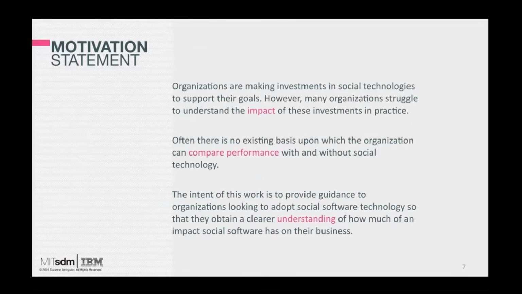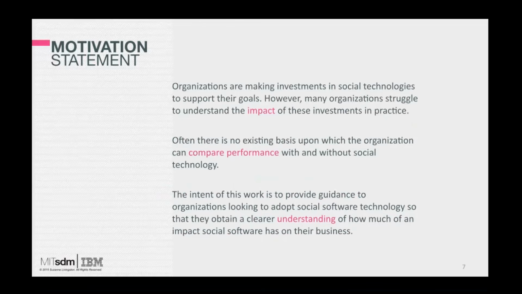So why do this research at this point? Well, for the last 12 years or so, I've been building social software for organizations with the goal of helping them interact and connect and perform better. But what I have been finding is that many organizations struggle to articulate just what is the impact that these technologies are having in their workplaces.